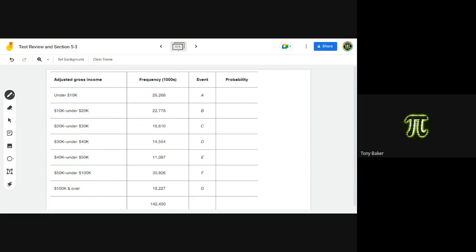So we're just going to divide each of those and get the answers there. So for the first one, I get 0.184. And remember, go to 3 decimal places for each of these.